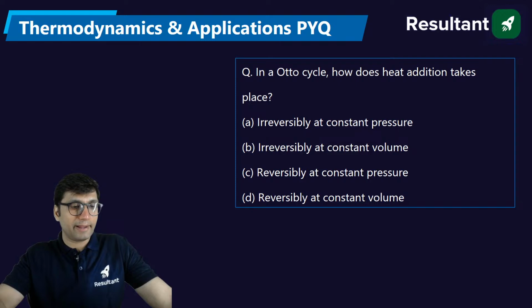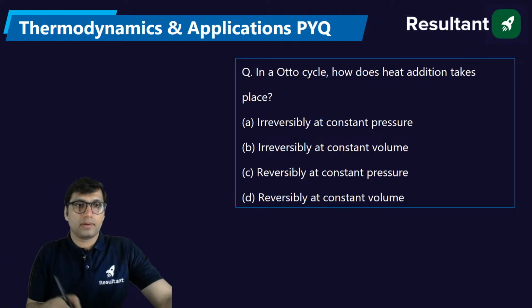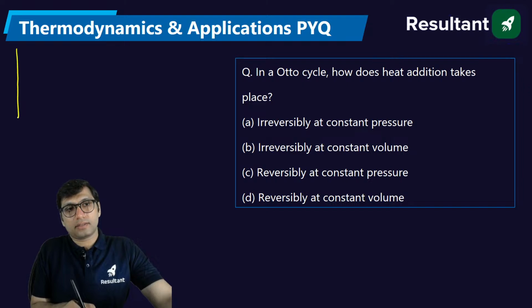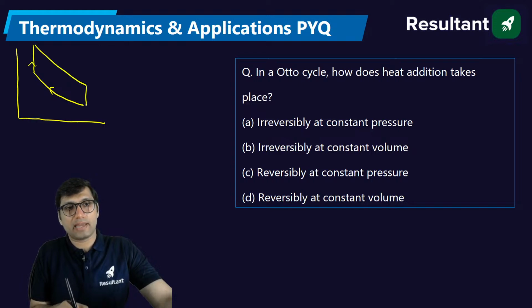In the Otto cycle, how does heat addition take place? Tell me, how does heat addition take place in the Otto cycle? The major difference in the three cycles that you study, the Otto cycle, diesel cycle and dual cycle, which are important in the context of the IC engine, is the method of heat addition.